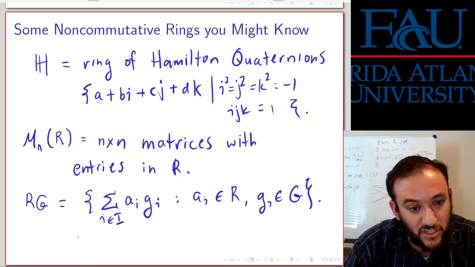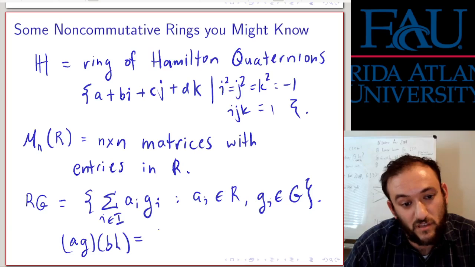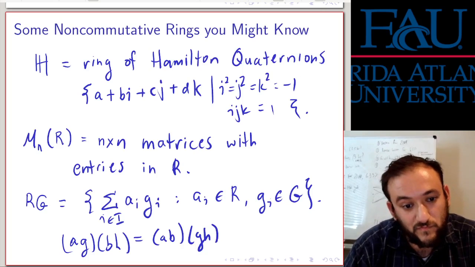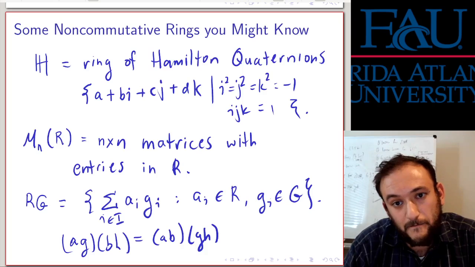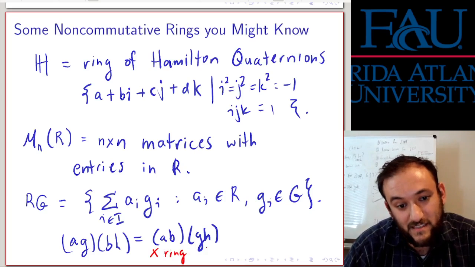As for multiplication, a g times b h is going to be equal to ab times gh, where ab is multiplication in the ring, and gh is the group operation.